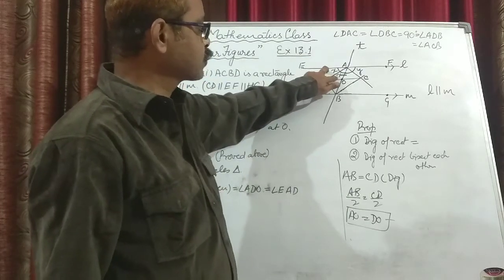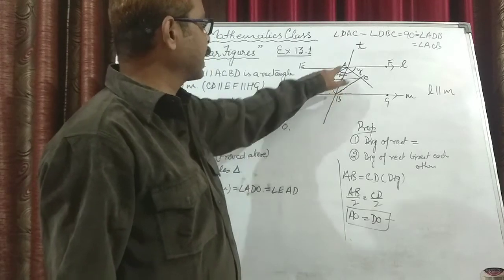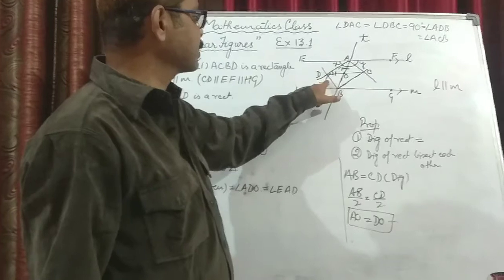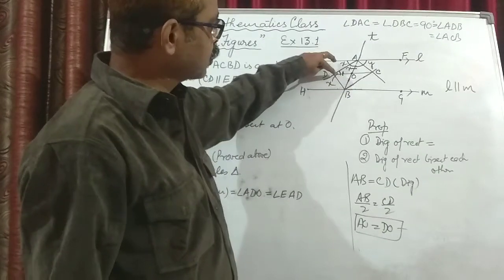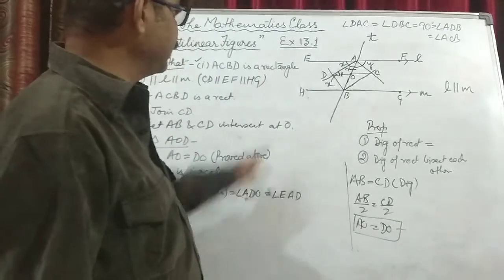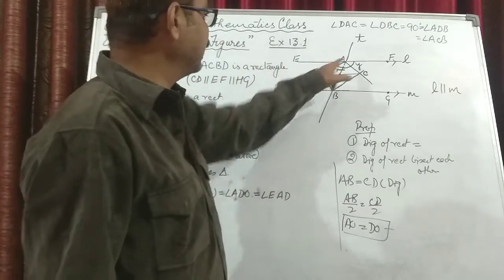So if this is X, this also has to be X. We have proved that angle ADO is also X. Both of the angles are equal. That is why it is written ADO is equal to EAD.